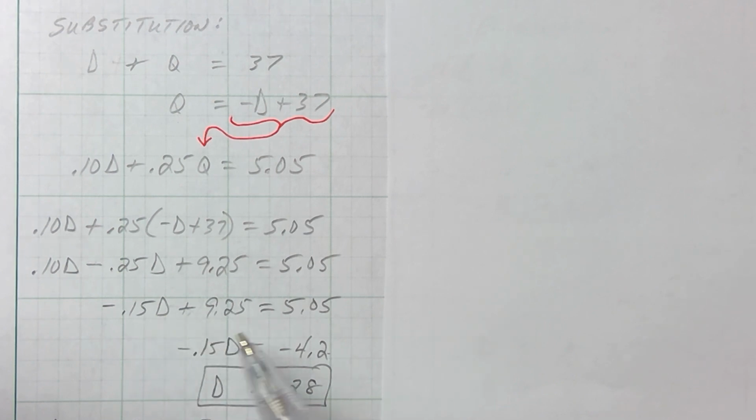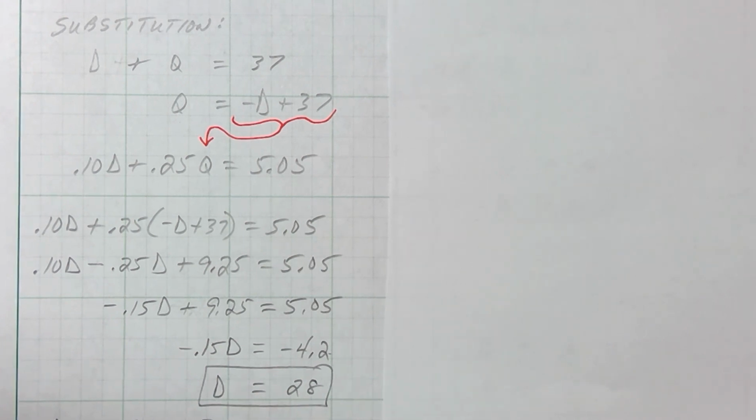Whoops, sorry, did that wrong. I want the D to stay there. I want a minus 9.25 from both sides. So minus 9.25 minus 9.25 gives us this equation. And then the last thing you always do is divide whatever this number is, divide it away from the D. So divide by negative 0.15, divide by negative 0.15. The number of dimes you have is 28.